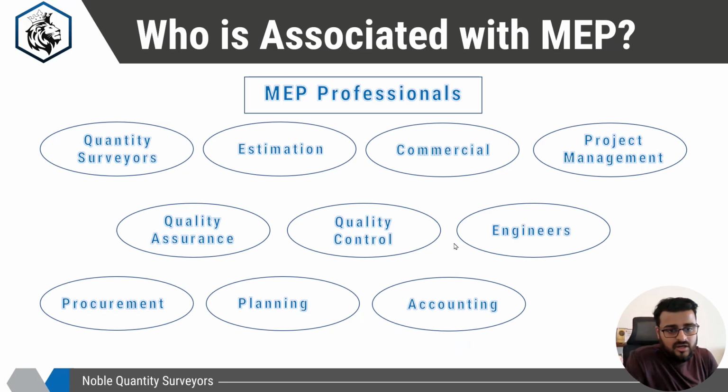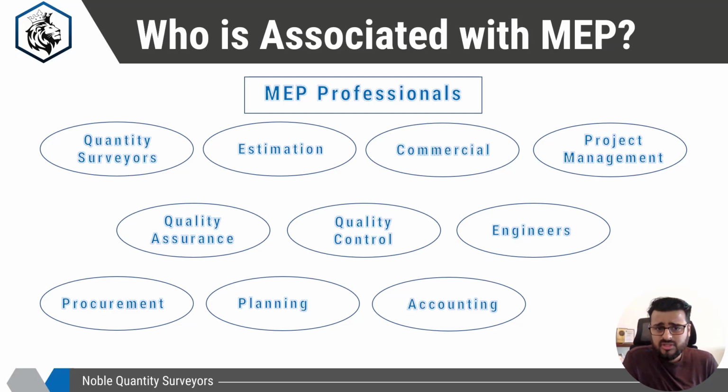The next is the accounting department. Accounting is the one who will keep the accounts, like how much the value is, what is the total expenditure of the project on, let's say for example, chilled water pipes, ducts, cables, how much is spent on those items, and that has to be particularly accounted.